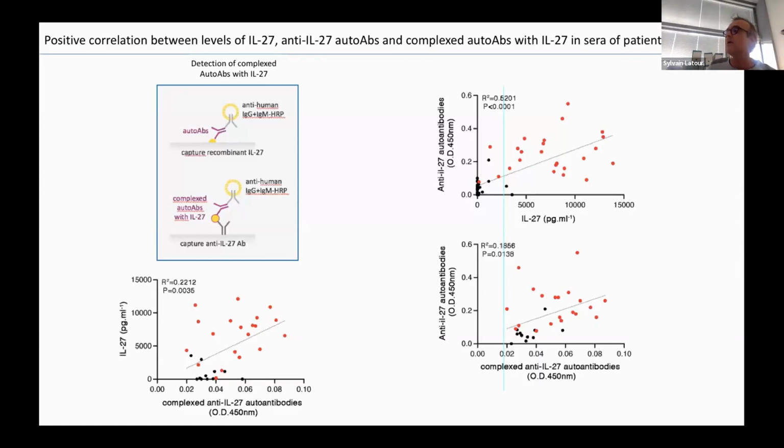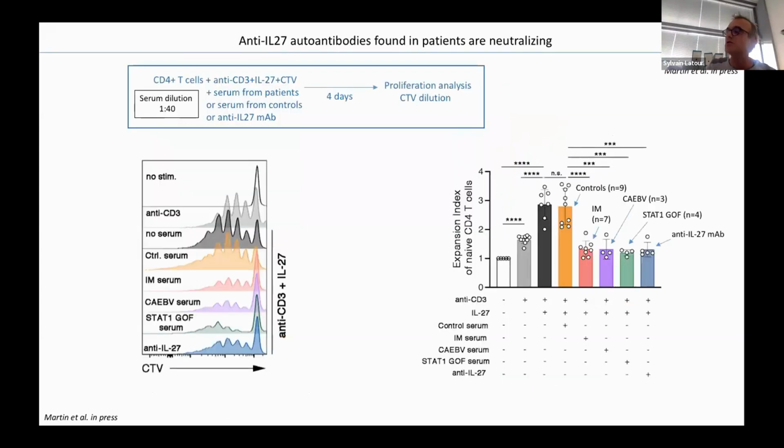to neutralize and inhibit the synergic effect of IL-27 on proliferation of activated T cells, as shown here in this proliferation profile, in which we add these autoantibodies, this serum, to the proliferation of CD4 T cells.